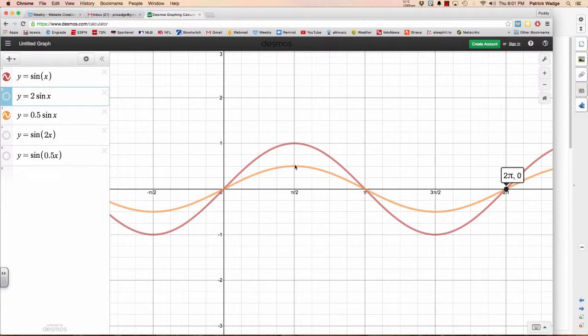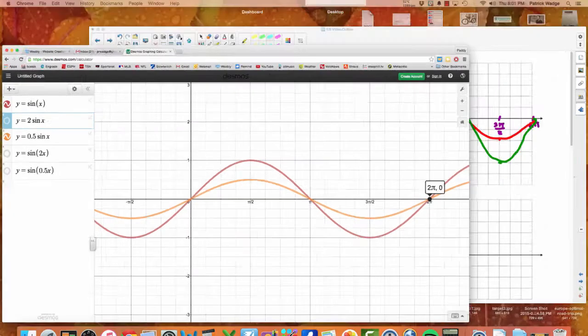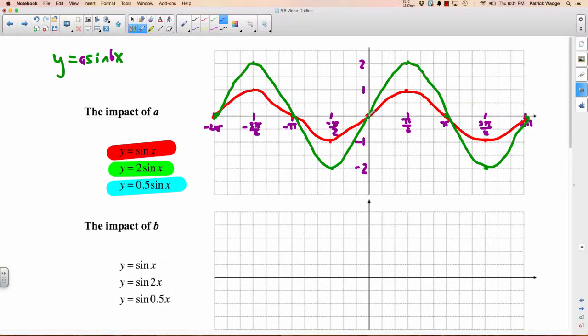It goes up to 0.5, down to -0.5. Starts at 0, goes up to 0.5, 0, down to -0.5, and up to here. And down to -0.5, 0, up to +0.5, down to 0. And of course I should have arrows on all these because they go on and on forever.